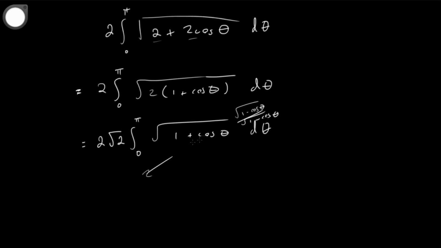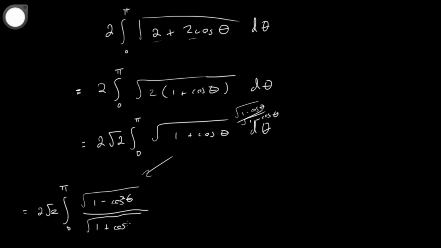What that leaves me with is 2 root 2, 0 to pi, and on the top the square root of 1 minus cosine squared theta, and on the bottom the square root of 1 plus cosine theta, d theta, of which the top is just the absolute value of sine.